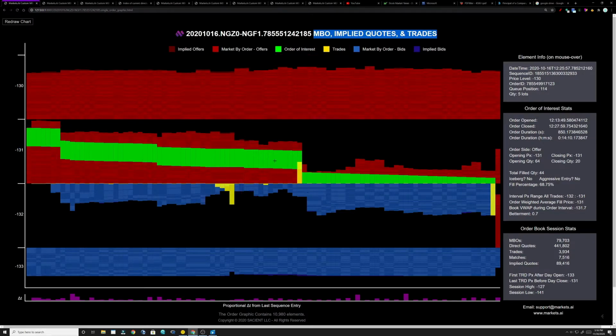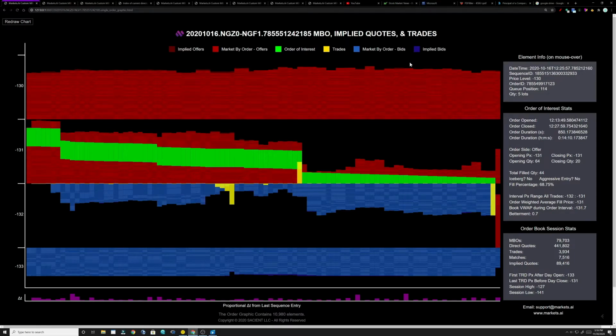So when the trades are overlaid upon all of the MBO data, you can see, in this case, this quantity here overlaps our order of interest, and that was matched to the resting available liquidity for our order of interest.